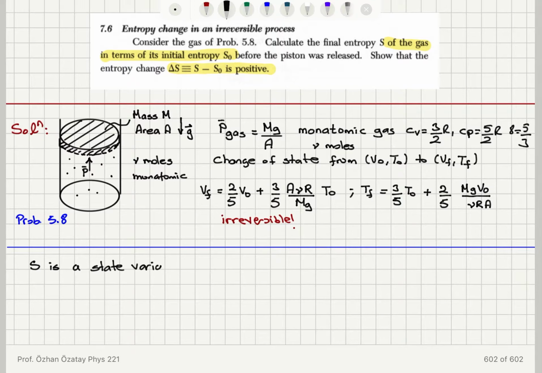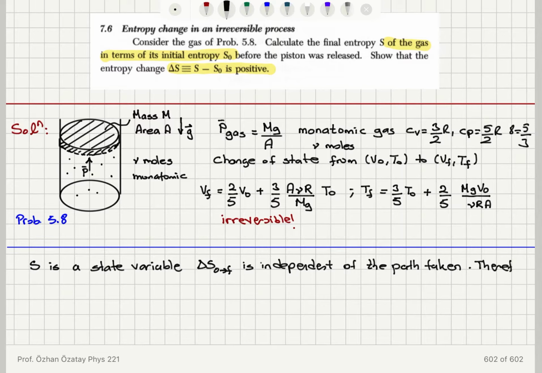Therefore, when we calculate the entropy change from initial to final, this is independent of the path taken. So basically, I can consider a reversible process.